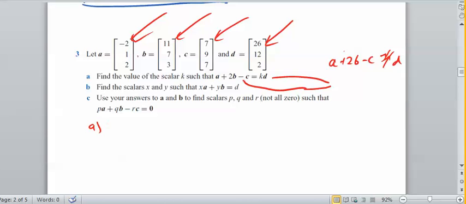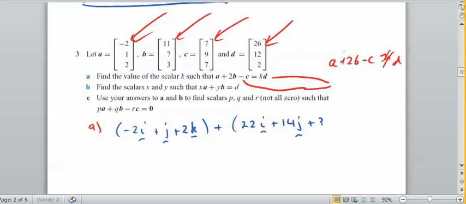So I'm going to do that now, and you guys should find that pretty easy. Minus 2i plus j plus 2k, plus 22i plus 14j plus 3k, minus c, so minus 7i plus 9j plus 7k.